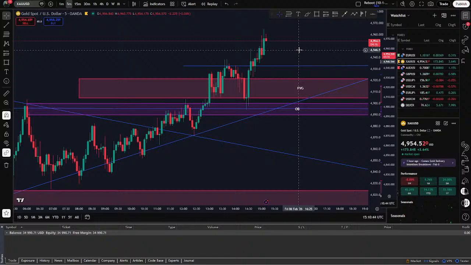Momentum is still showing bullish, but it's going up and down slowly. We call this ping pong.